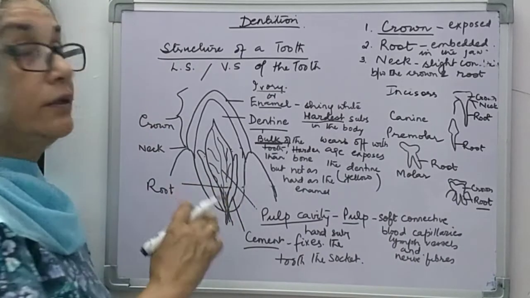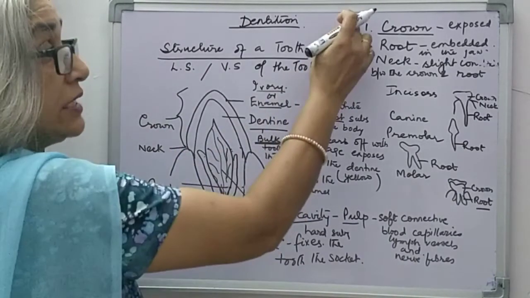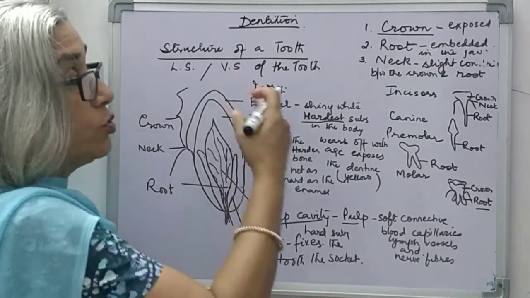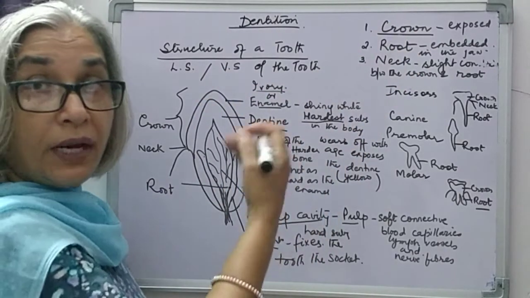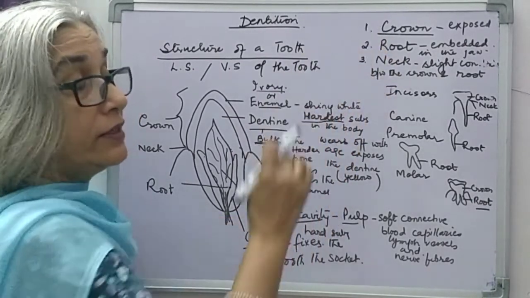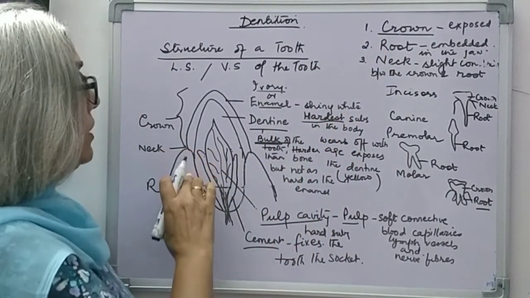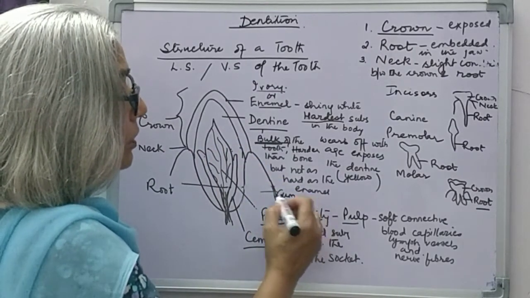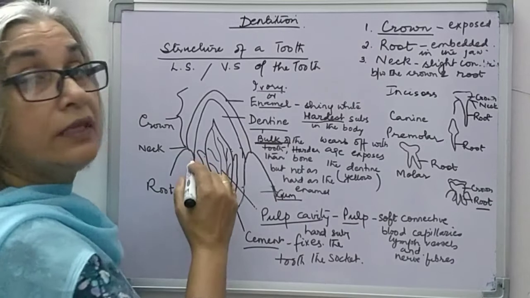So these are the major parts. Externally we can see three main parts. The exposed part is the crown, the part that is embedded in the jawbone is the root, and the slight constriction between the root and the crown is the neck.